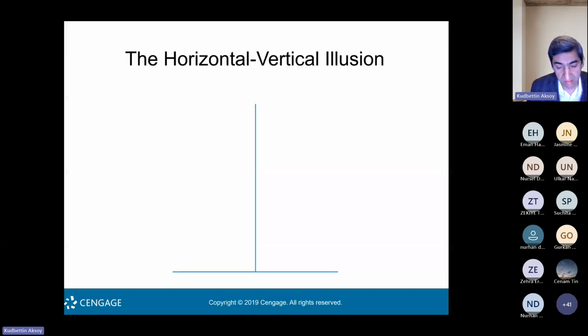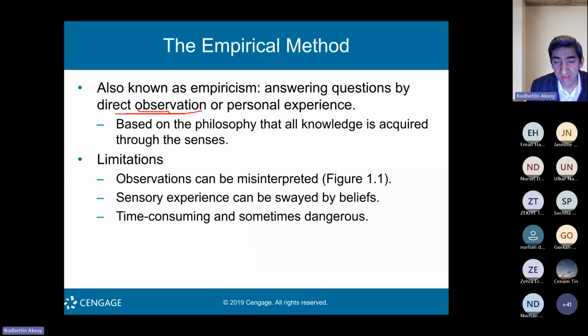If you look at this figure, there are two lines perpendicular to each other. Our observations will tell us, most people will think that line 1 is taller than line 2. In reality, they are perfectly equal. So the difference between the empirical method and the next method we are going to talk about is that the observer is in the center.